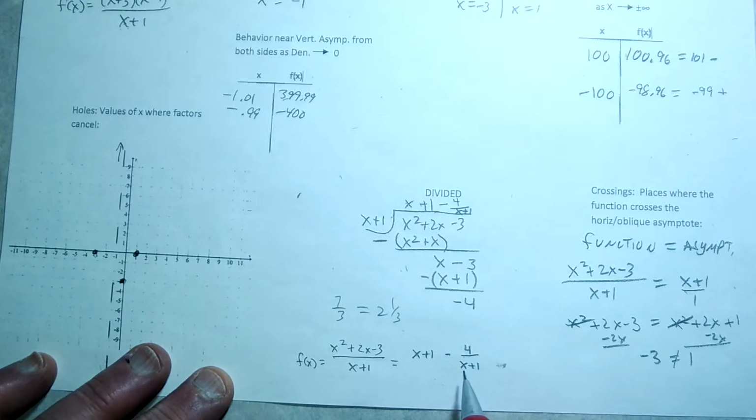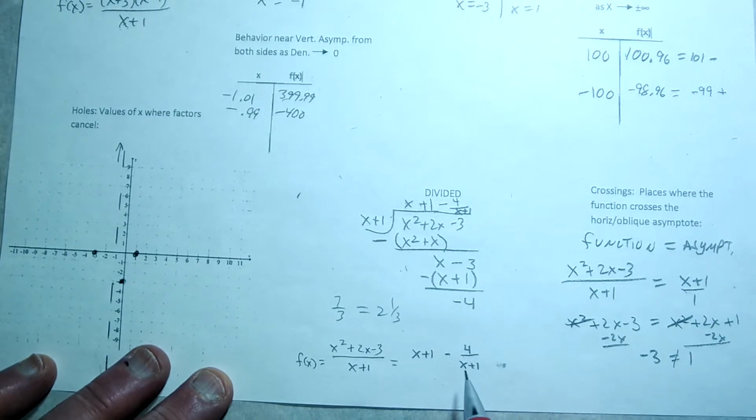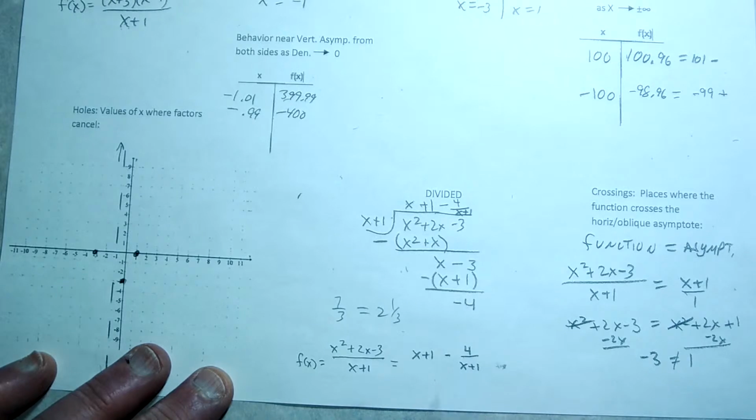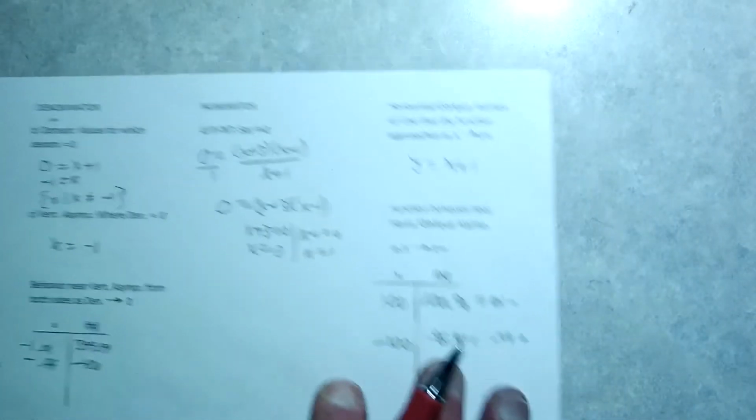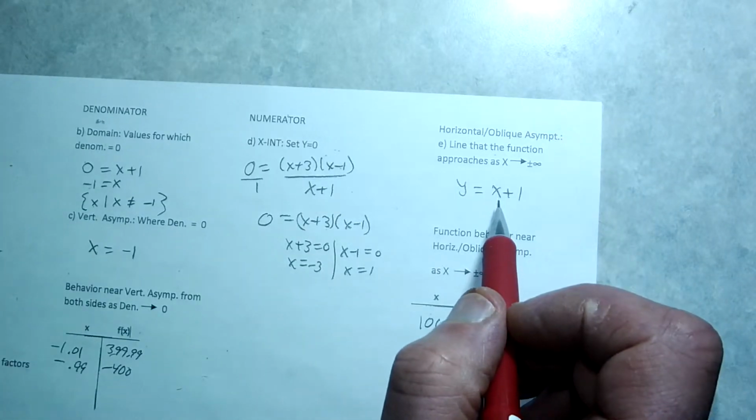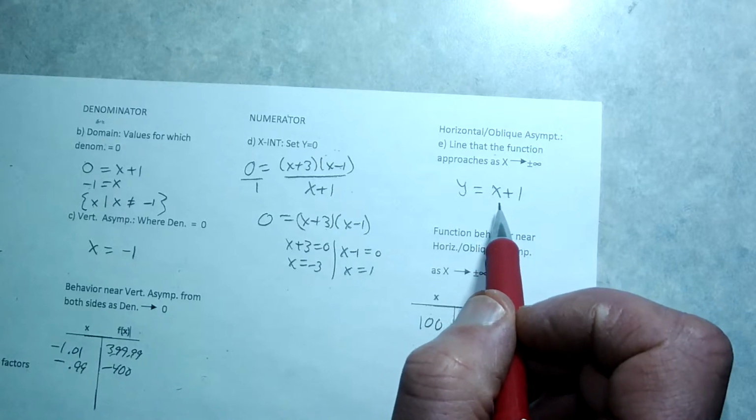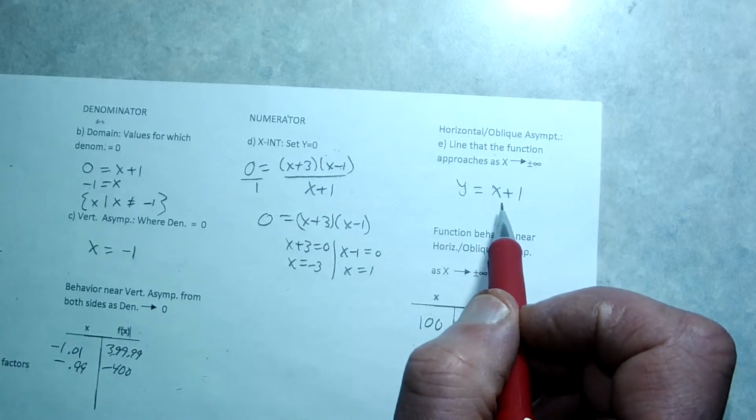See, 4 over 101 or 4 over 4001, whatever big value you put in for x, it gets really small, and the function starts to act like the equation y equals x plus 1. So we're going to say that y equals x plus 1 is going to be our oblique asymptote that we will be approaching for big positive and negative values of x.